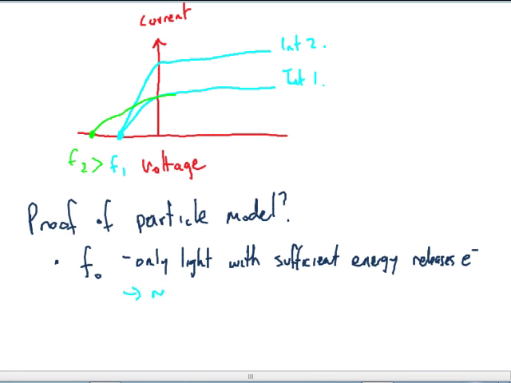This occurs regardless of intensity or time that it's left shining on it. So leaving it on longer if it's of frequency lesser than F0, or turning the intensity on really high, it's not going to release any photoelectrons.